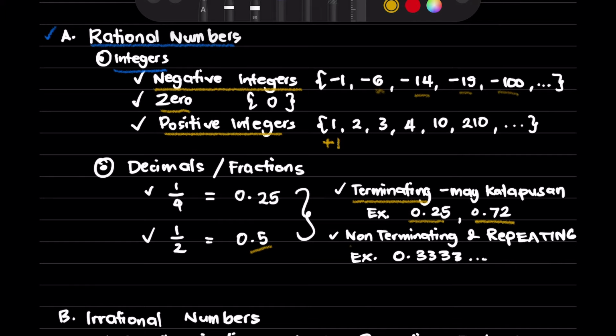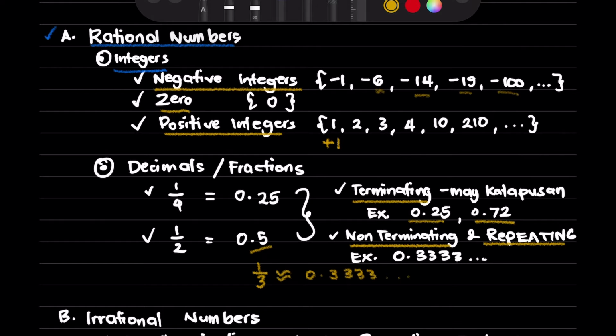Okay? Next is yung non-terminating pero repeating decimal. Example ng non-terminating, ito yung mga walang katapusan. Kapag kinuha mo yung decimal ng fraction na 1/3, you will get 0.3333. Walang katapusan yan.